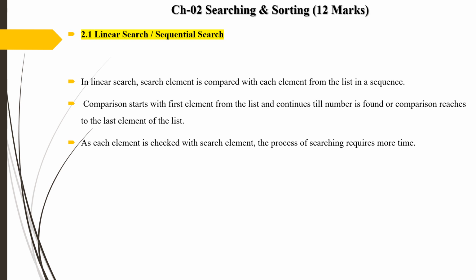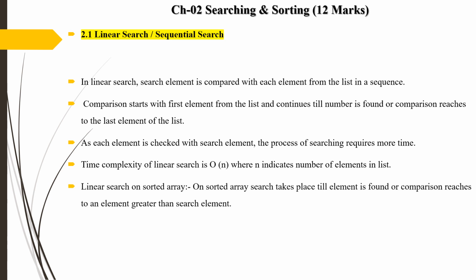As each element is checked with the search element, the process of searching requires more time. So linear search requires more time. The time complexity of linear search is O(n), where n indicates the number of elements in the list.